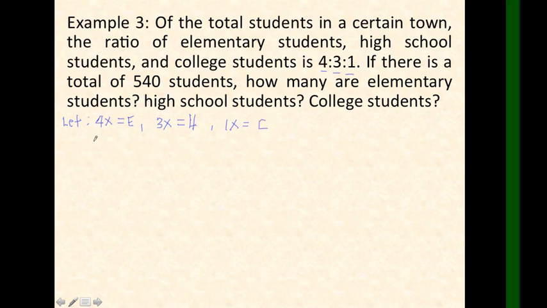Let's form an equation by adding all of this. So magkakaroon tayo ng equation na katulad nito. Equate natin sila sa 540 students. Add all of this, so you will have 8x equals 540 students.